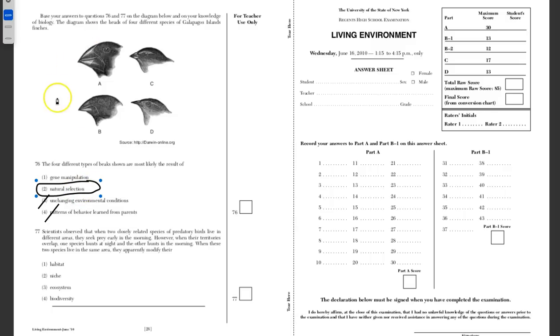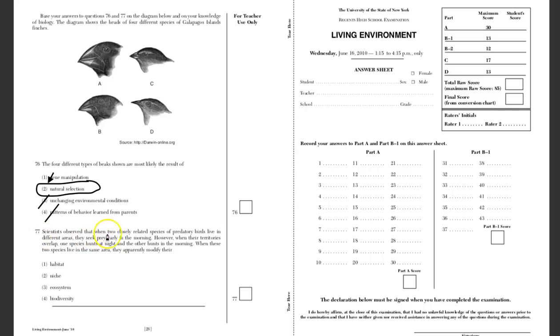Natural selection, survival of the fittest. Their beaks are special to the type of food they eat, because if they don't have the special beaks that help them eat, they will not be able to survive. They need the right tool, the right beak for the food that they have to eat. It's not gene manipulation. So the answer is natural selection. Next.